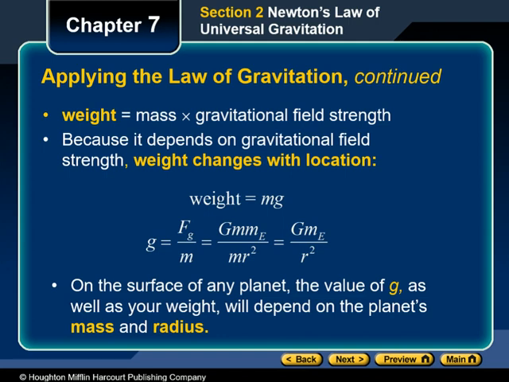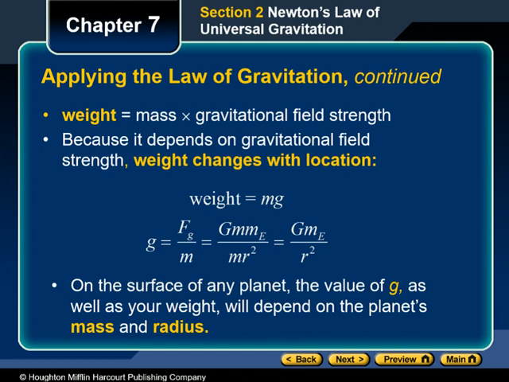Combining this equation with the definition for gravitational field strength yields the following expression for little g. Little g is equal to F sub g divided by m, which is equal to big G m sub e m divided by m r squared, which is equal to big G m sub e divided by r squared.